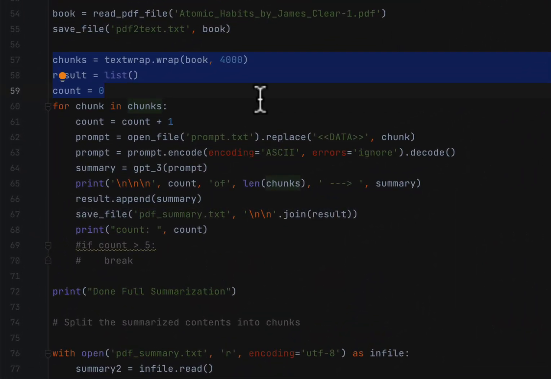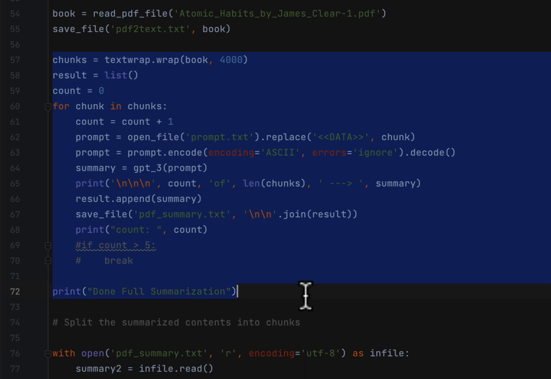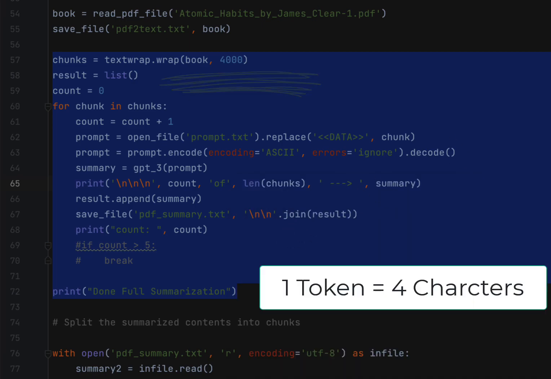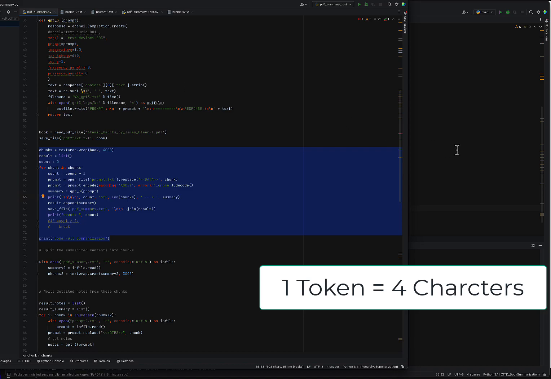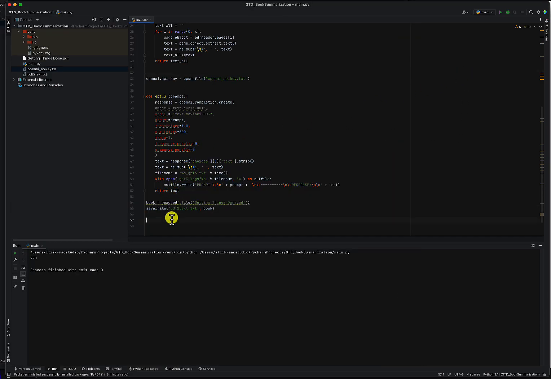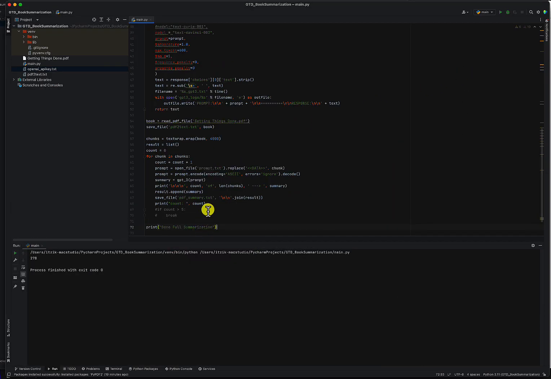Then I looped over the text and split it into chunks of 4,000 characters, which is around 1,000 tokens. So I left around 3,000 tokens for the completion, because the da-vinci text model is limited to a maximum of, I guess, around 4K tokens, if I remember correctly.